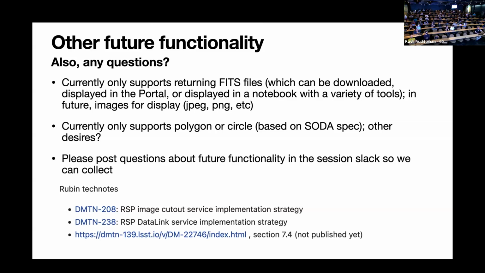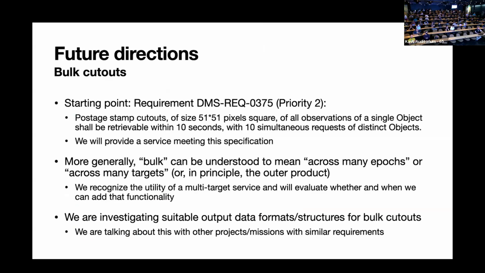That's one of the reasons why, if you go back one slide, having a multi-target cutout service is valuable, because it can do that kind of optimization. It can identify how to cluster the cutout requests so that they're satisfied by data that's co-located, for instance if you're doing cutouts on members of a cluster, where they're all in the same part of the sky.